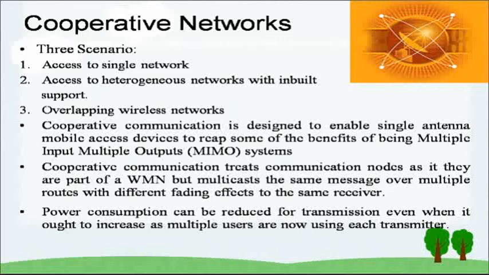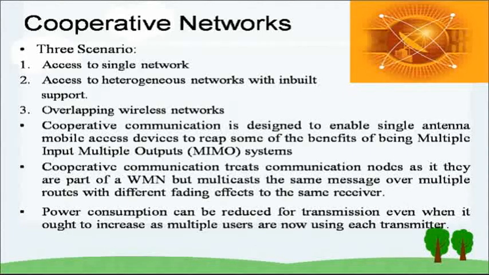So cooperative communication treats communication nodes as if they are part of a WMN, but multicasts the same message over multiple routes with different fading effects to the same receiver. So the receiver is going to receive a number of messages with the same contents, but they may have different fading effects.